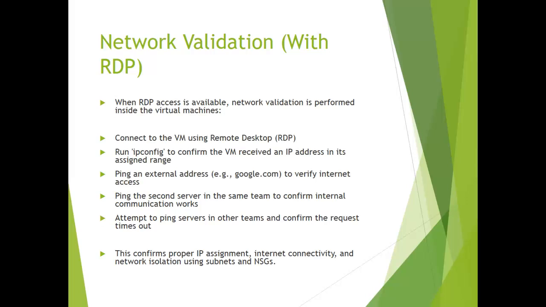Internet connectivity will be tested by pinging an external address, such as a public website, and communication within the team will be tested by pinging the second virtual machine in the same subnet. The attempts to ping servers in other departments should fail, confirming proper network isolation.